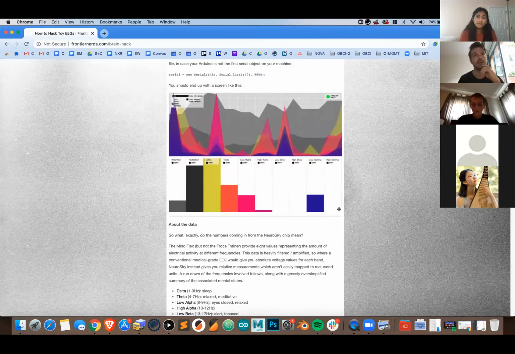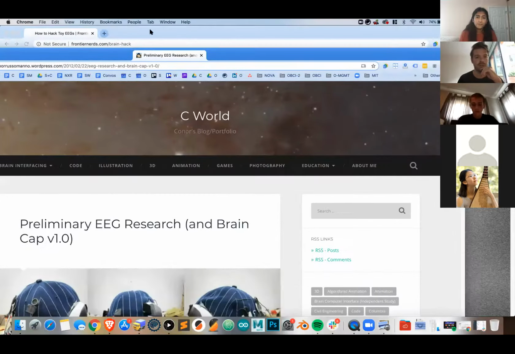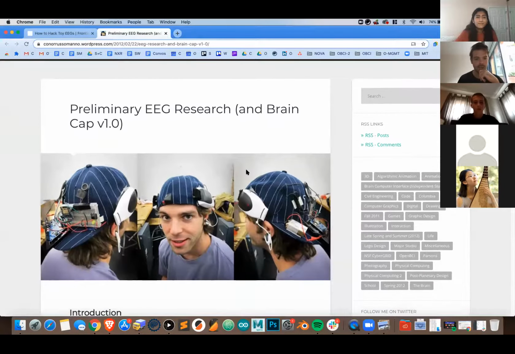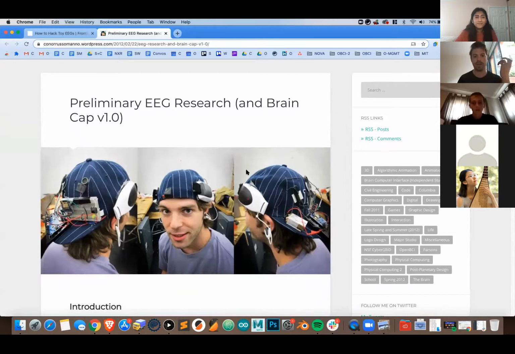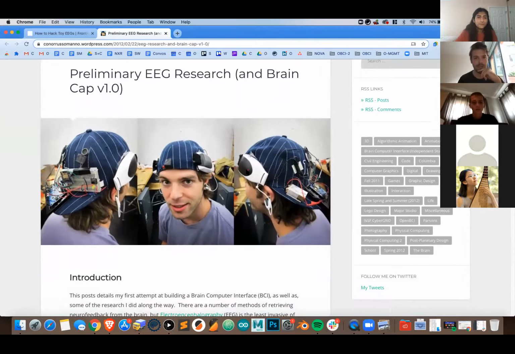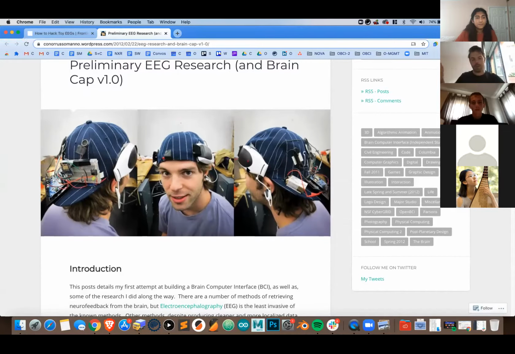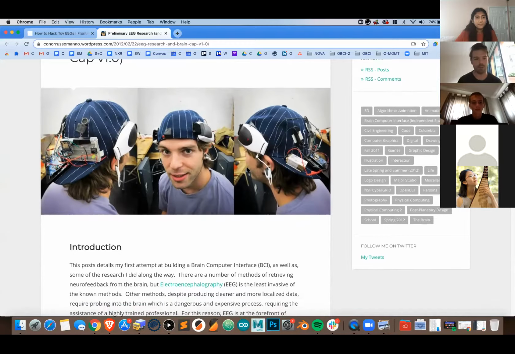So this here was the first project I ever did. I think I called it the brain cap, but it was basically that tutorial done by the ITP Frontier nerds, a derivative of it stitched into a baseball cap.